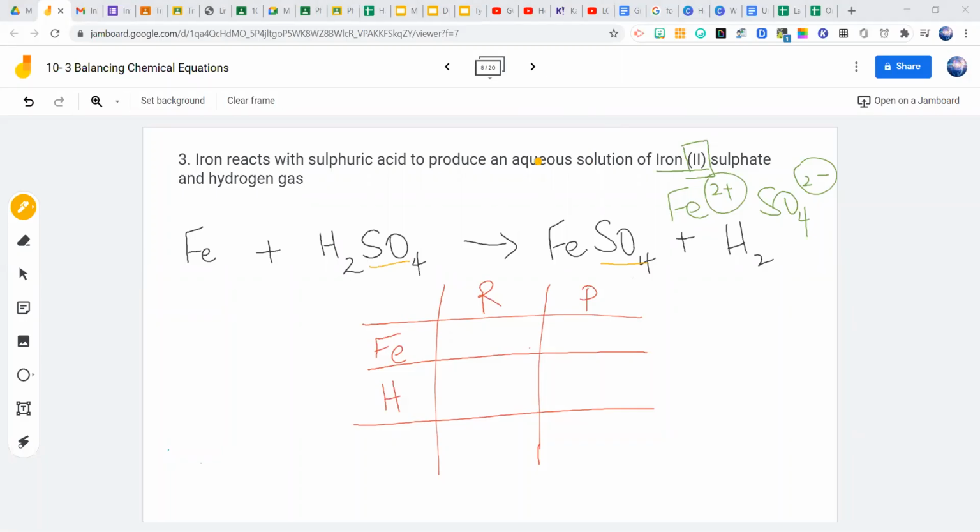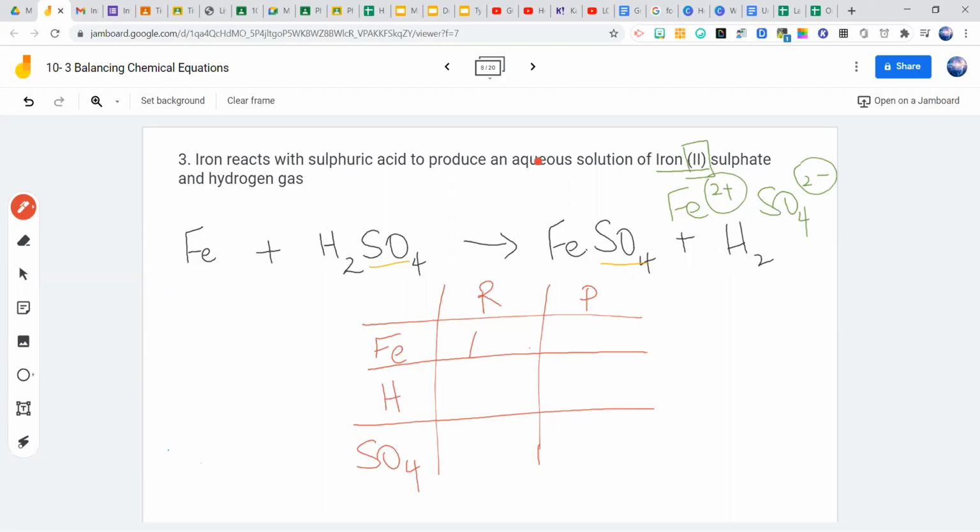However, let's say you had sulfate on this side, and on your product side you're seeing sulfur dioxide forming instead, or just sulfur. Then we're going to have to split it and look at sulfur separate and oxygen separate. But in this case, we have sulfate present, so we can look at it as one unit. So let's do our counting. Fe, I have one on my reactant side.